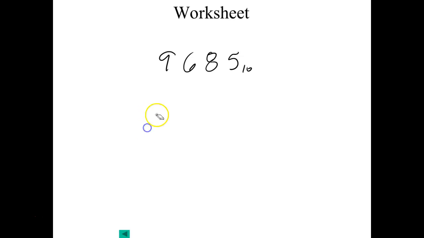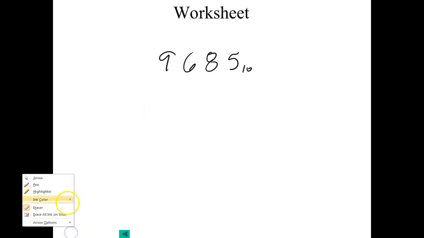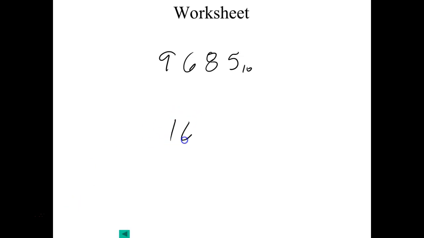If I wrote a group of ones and zeros, what base is that? Just because you see ones and zeros doesn't mean it's binary. In decimal that would be equal to 1,000. In binary, it'd be equal to 8.